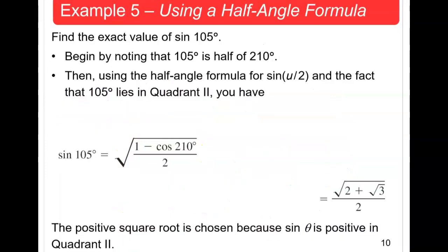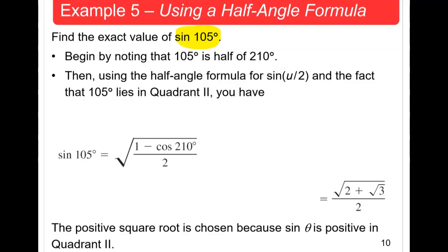In example 5, we're going to use the half angle formula to find the exact value of sine of 105 degrees. So 105 degrees is not one of our common angles that we know the sine of right away. We'll have to use the calculator.